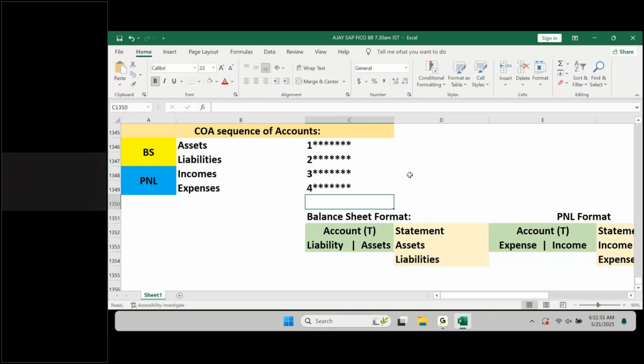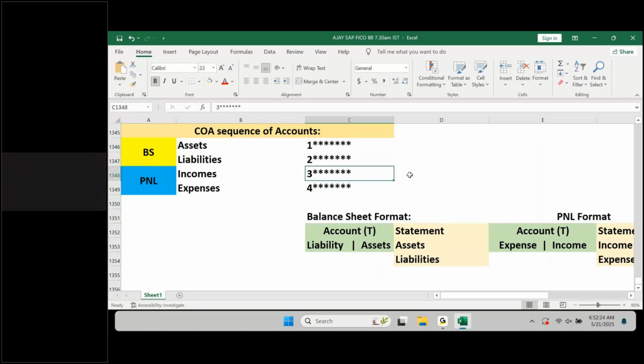Are these correct? Star means I can replace it with any number there. Why any number? Because I have many accounts: cash, bank, so many accounts. In the last assignments, you would have listed around 200 accounts: 50 assets, 50 liabilities, 50 income, 50 expense.